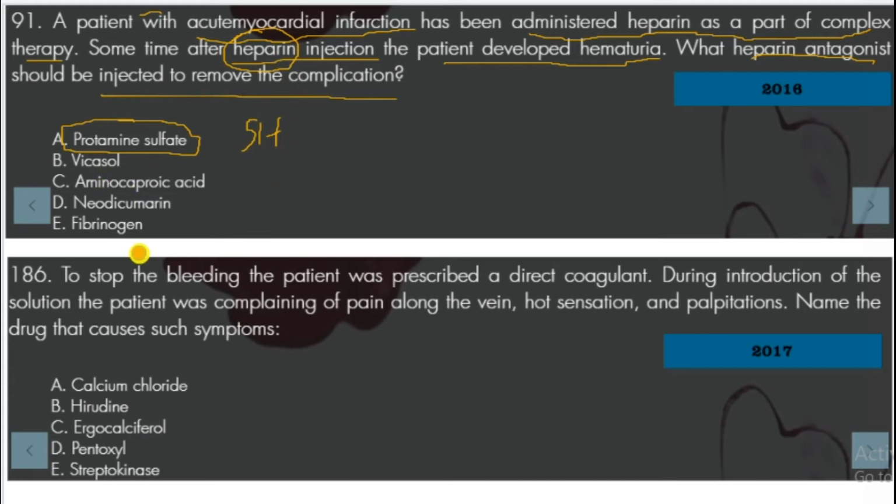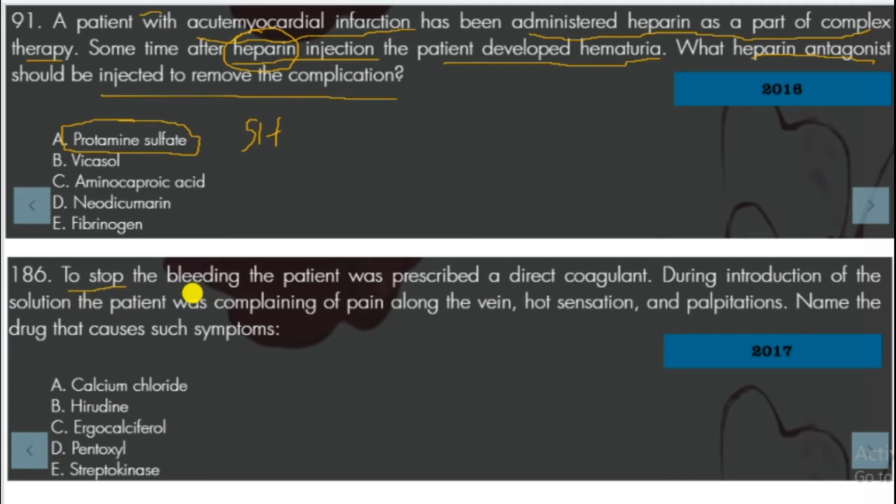Vicasol is a vitamin K analog. Aminocaproic acid is antifibrinolytic. Neodymium is an indirect anticoagulant, and it is a vitamin K antagonist. Fibrinogen can form fibrin by the help of thrombin.